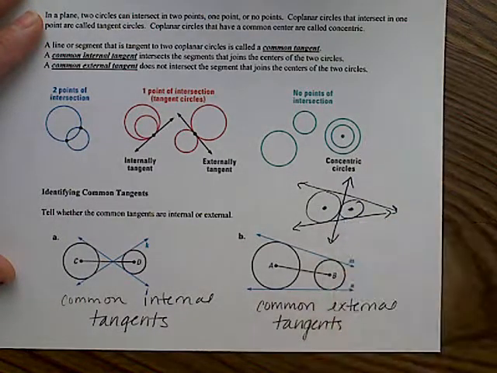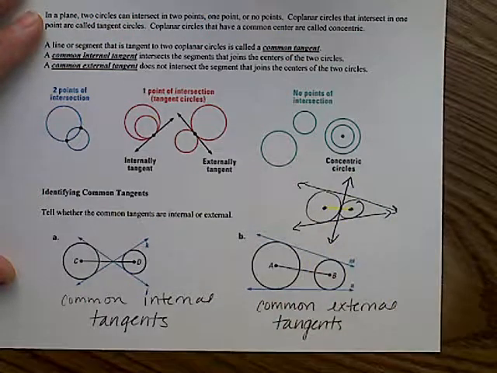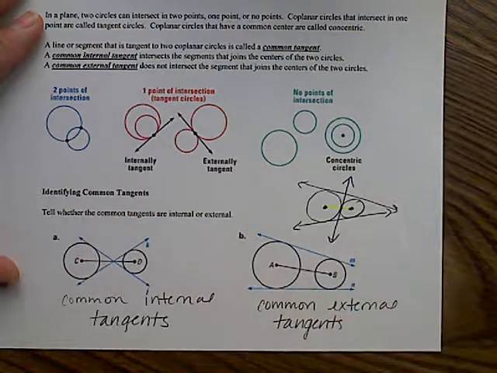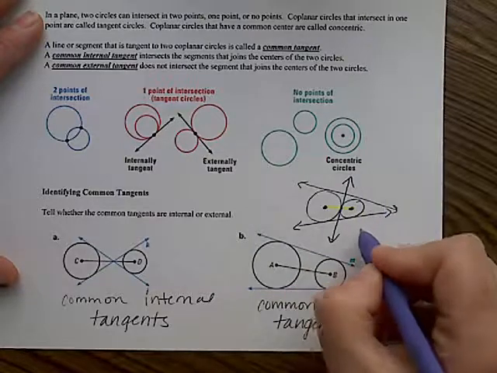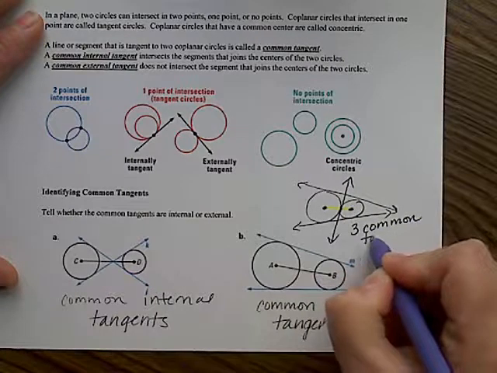I think so, because if this is the segment that connects the two centers together, then that would be a common internal tangent. So see how you can have a mixture between common internal and external in the same diagram. This figure would have a total of 3 common tangents.